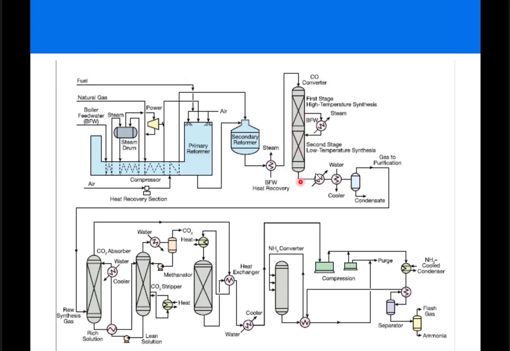And then the gas mixture is taken into a gas purification step to remove carbon monoxide and carbon dioxide, followed by successive carbon dioxide absorbers to remove any traces of carbon dioxide. And the pure synthesis gas is then compressed and injected into the ammonia converter to produce ammonia.